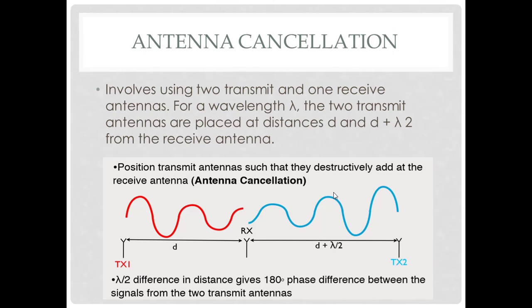This creates a null position where the receive antenna hears a much weaker signal. You can see in the picture one transmitter, another transmitter, and the receiver, and the distances between them. A lambda divided by 2 difference in distance gives a 180 degree phase difference between the signals from the two transmit antennas.